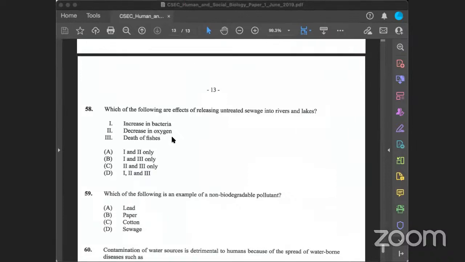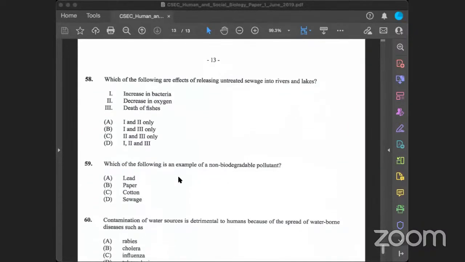Not so sure with that one. Let me think for a bit. What do you think? Would untreated sewage lead to the death of fish? It probably can. I would say all of those. 1, 2, and 3. So D there for me.